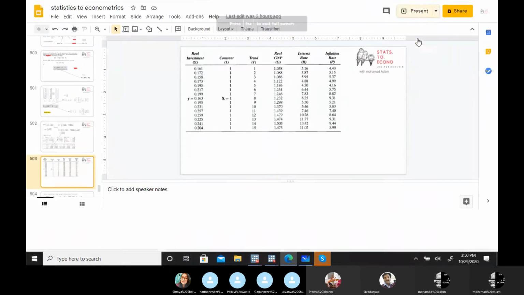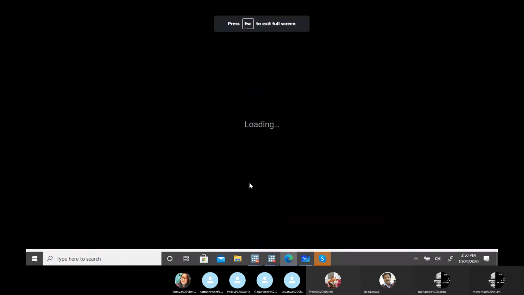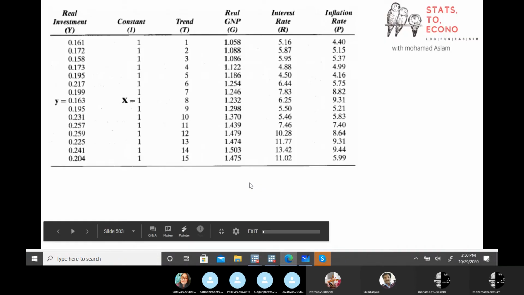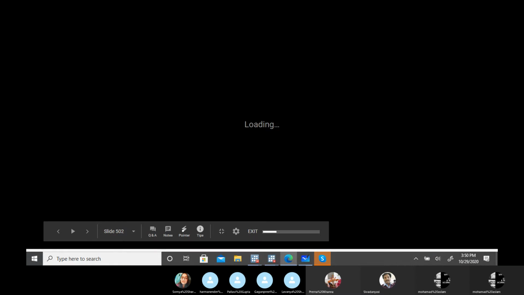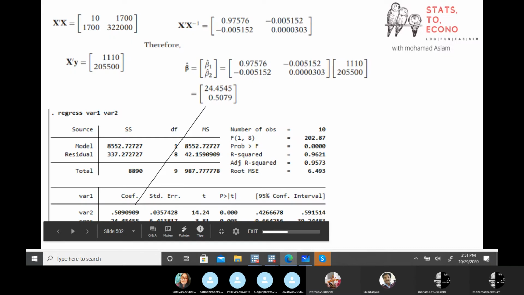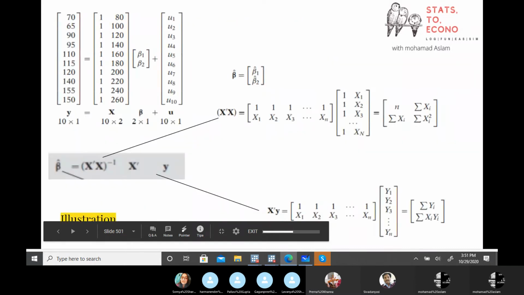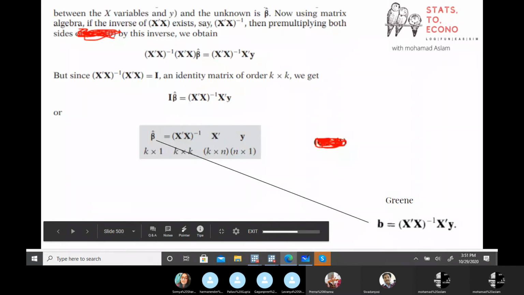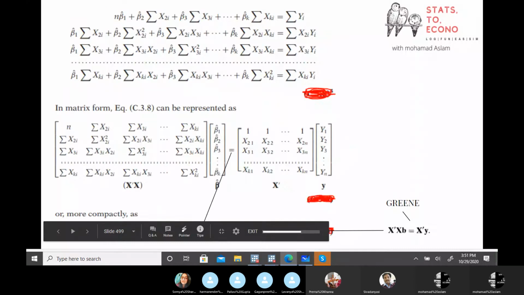Any doubt on these derivations? So far, we only derived coefficients, sample statistics, with the matrix method and the simultaneous equation method. When you have more than one independent variable, it's better to go with the matrix method.